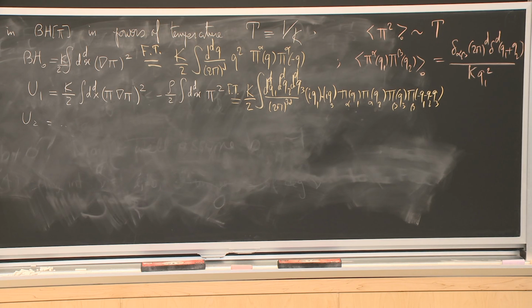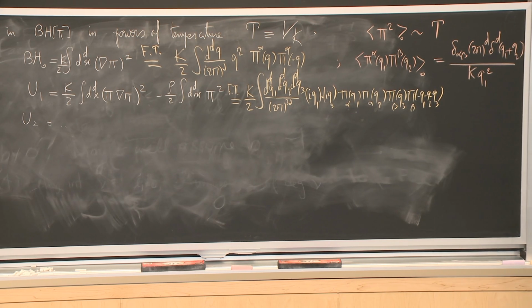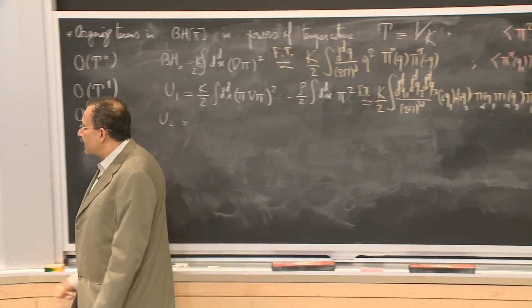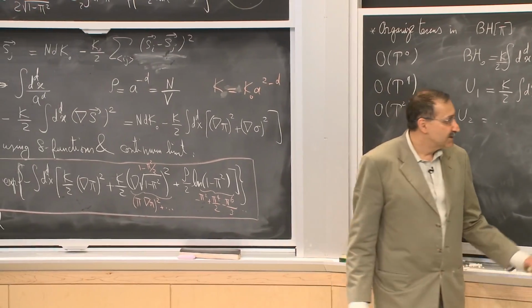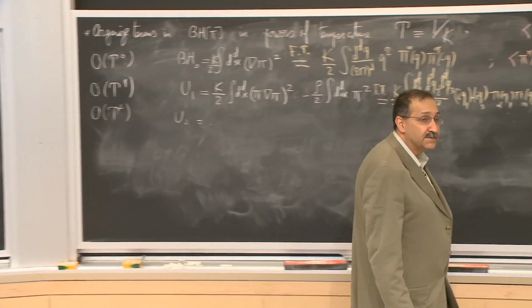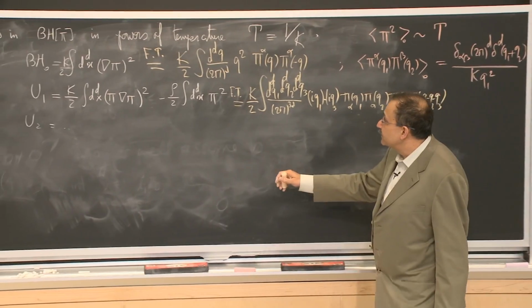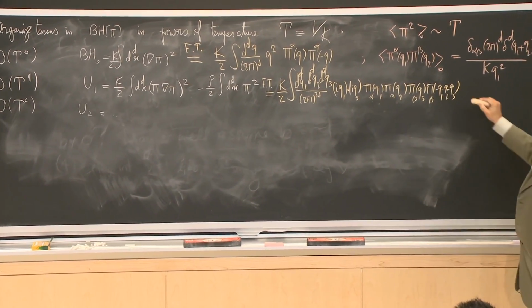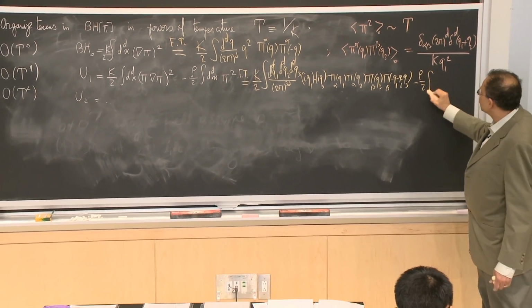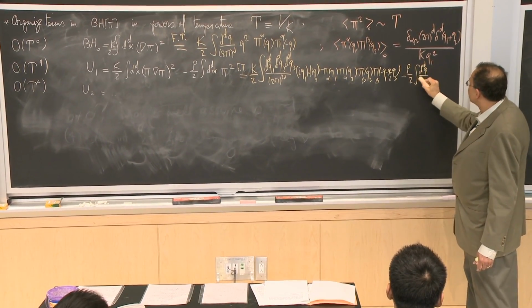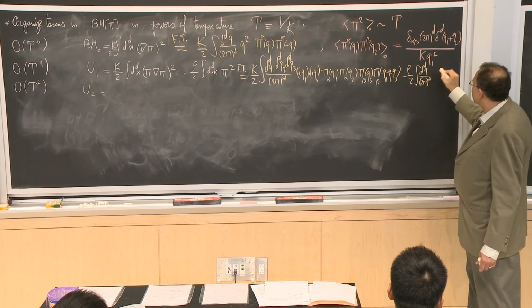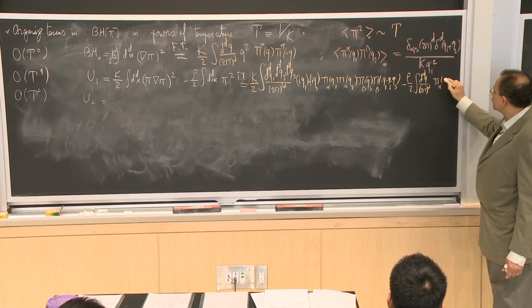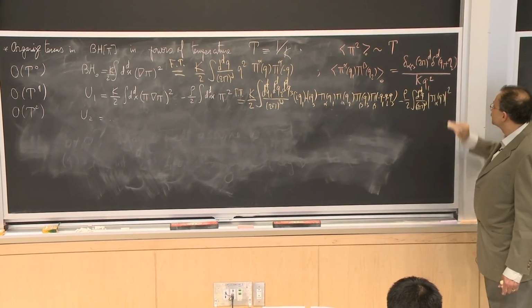So the Fourier transform of the leading quartic interaction is actually the form that I have over here. There is a trivial term that comes from Fourier transforming this pi squared, because when I Fourier transform that, I get simply pi alpha of q squared.